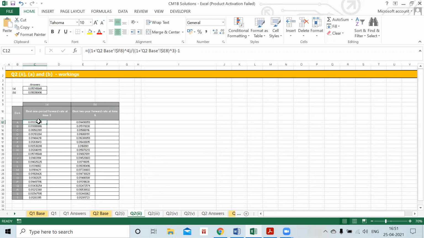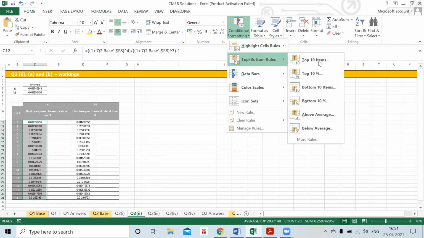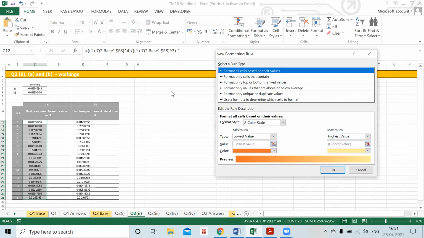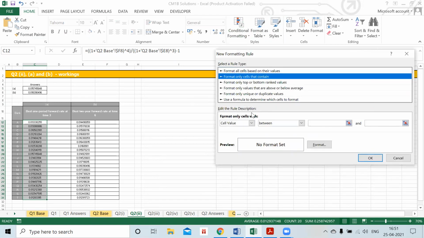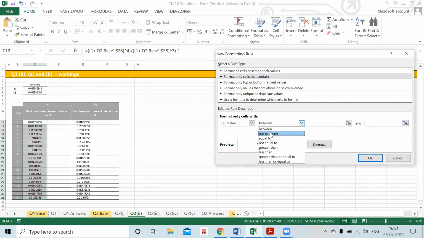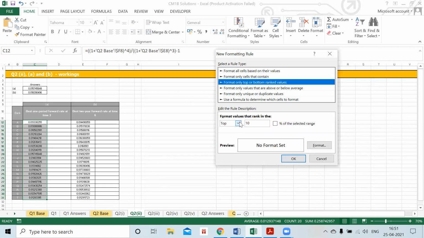0.157456. If you use conditional formatting, you can highlight the values. So I say new rule, and in this new rule, format only cells with cell value. Sorry, format only top or bottom ranked values.